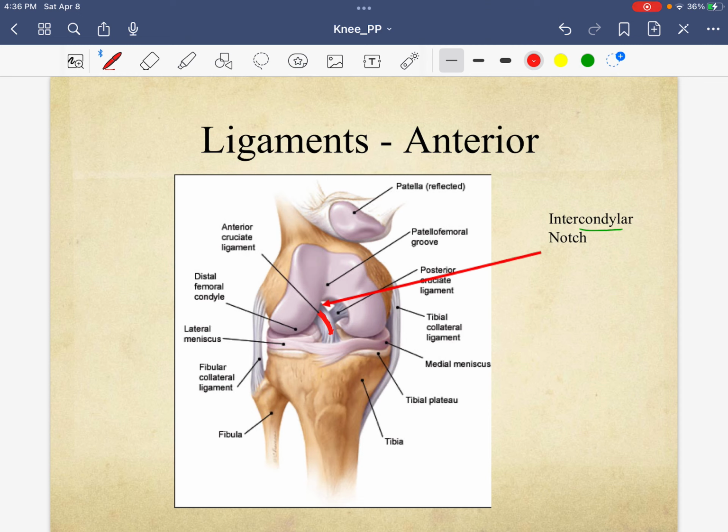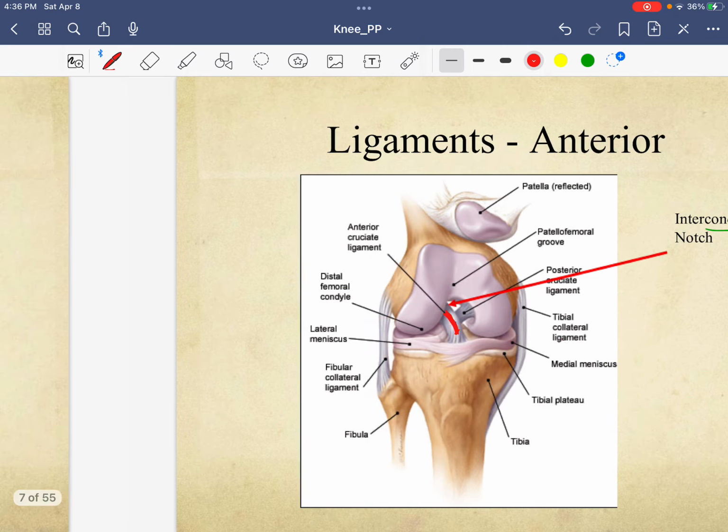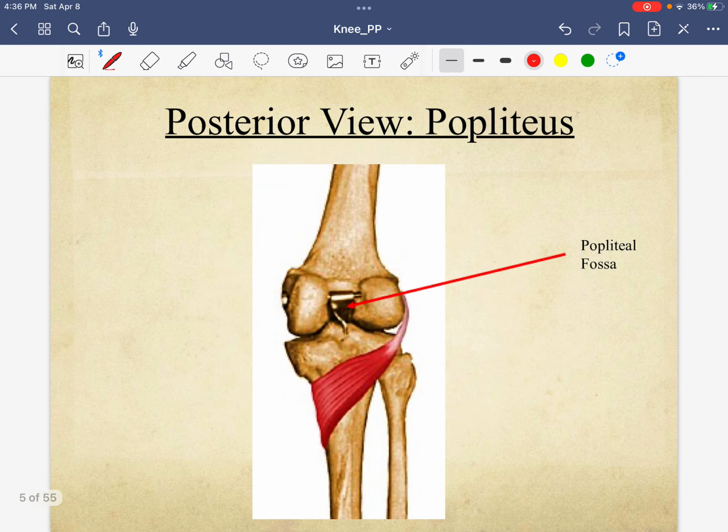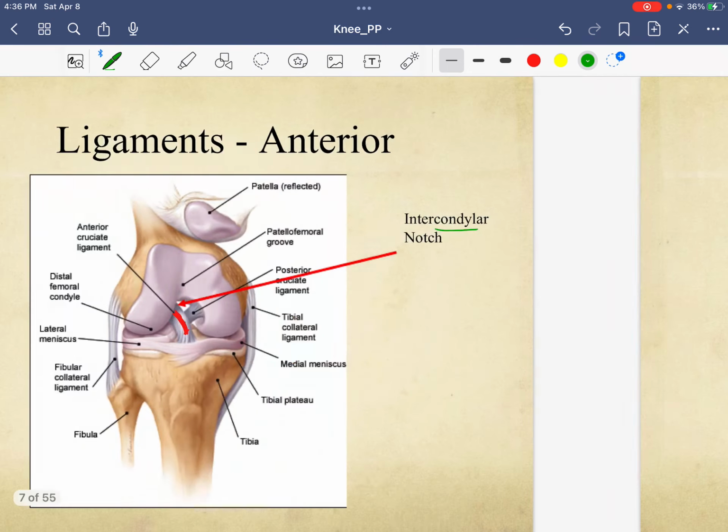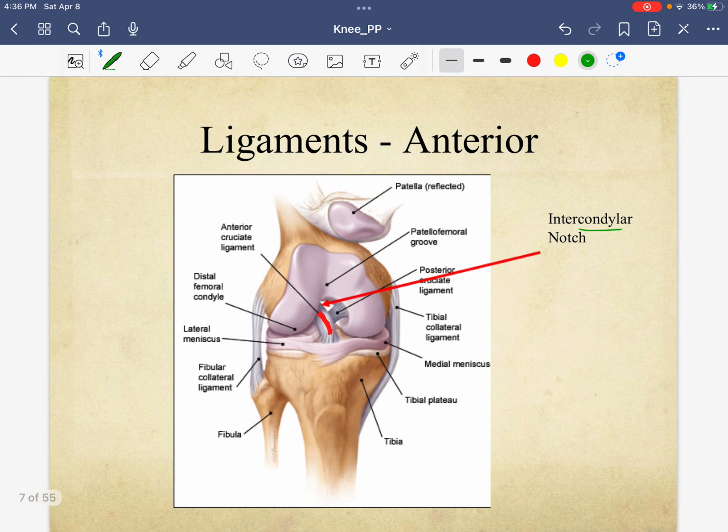All right, let's talk about the popliteal fossa. On the posterior aspect of the knee, we talked about the popliteus muscle, right? This is the popliteus muscle. Well, between the femoral condyles on the front, anteriorly, the space is the intercondylar notch.